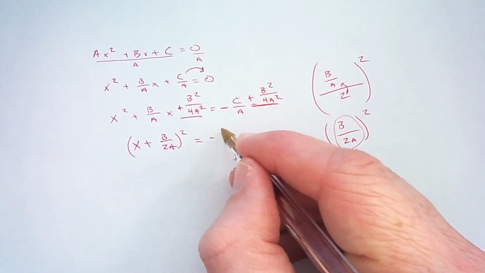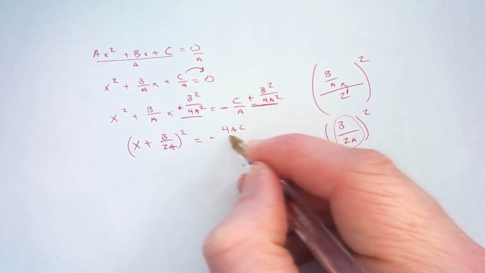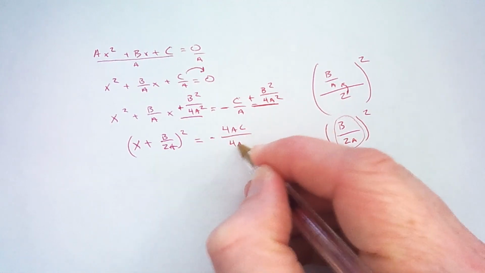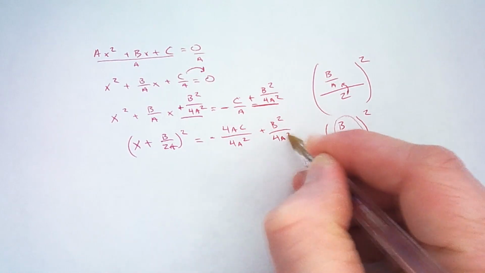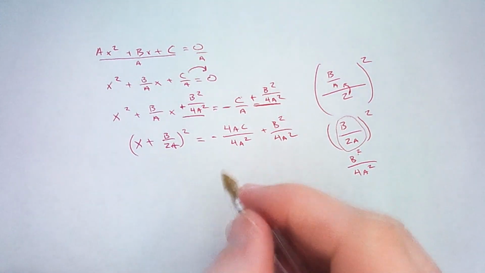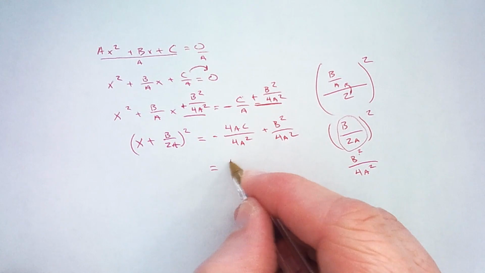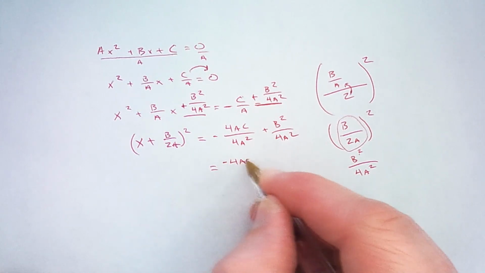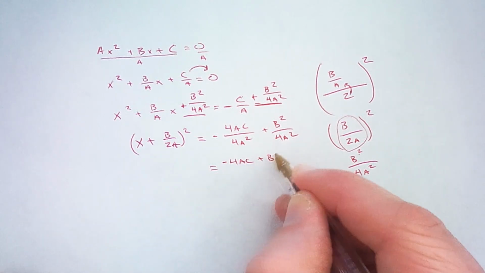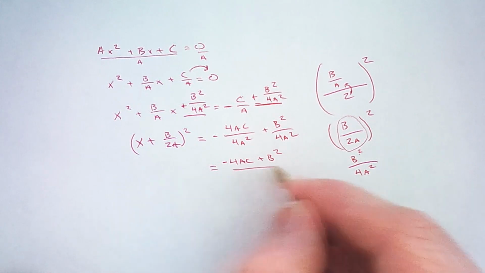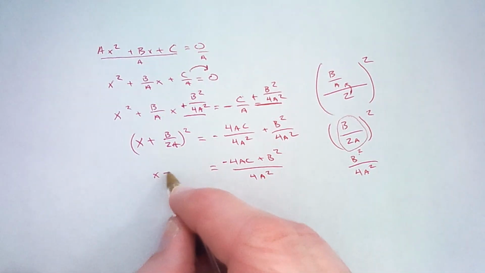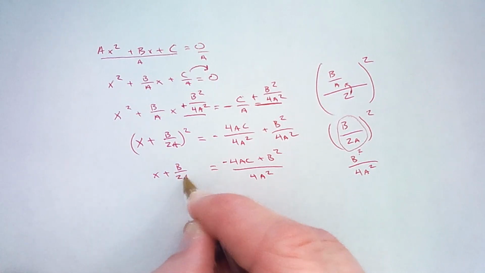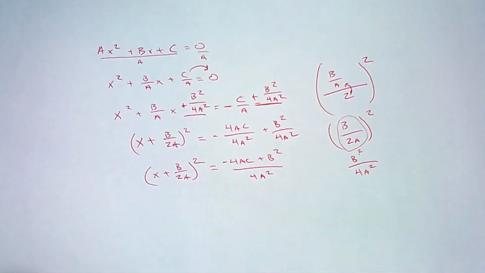So it's going to be negative 4ac over 4a squared plus b squared over 4a squared. So let's simplify that. We have negative 4ac plus b squared all over 4a squared, and that equals x plus b over 2a squared.